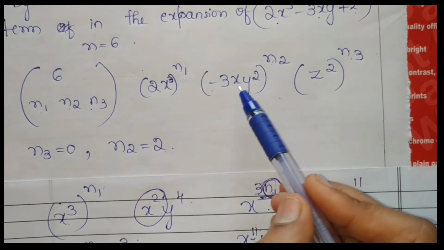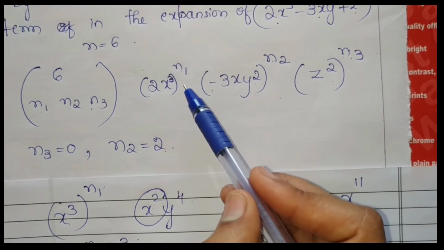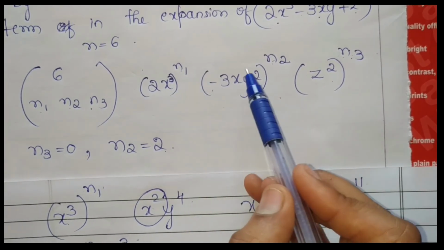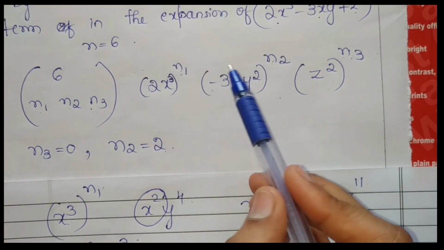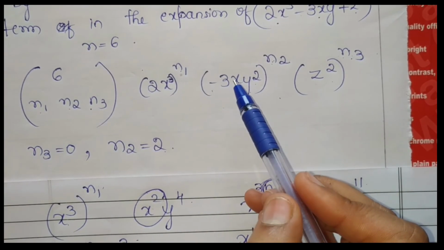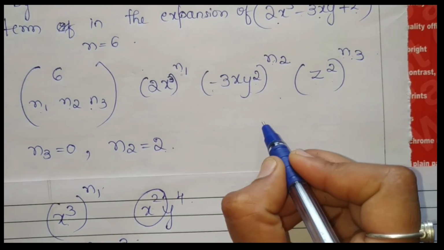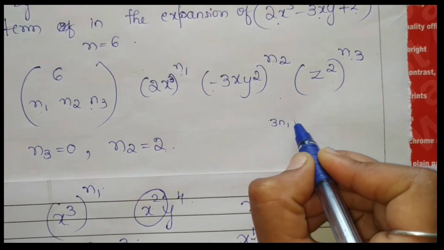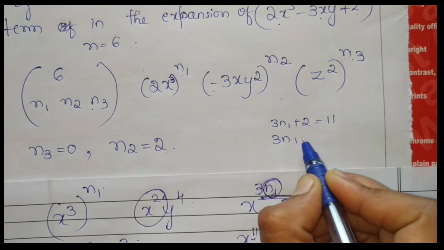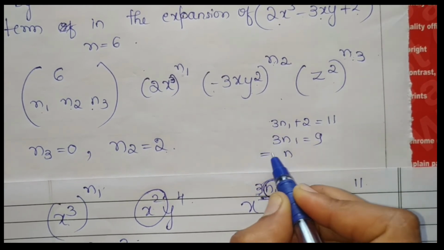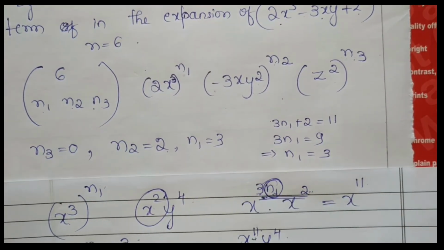Then what do I need? x raised to something so that when the two powers are added, 11 should come. Okay, so 3n1 plus this 2 is equal to 11, means solve for n1. So it becomes just an equation for you. 3n1 plus 2 is equal to what? 11. So 3n1 is equal to 9. That means n1 is equal to 3. So put n1 is equal to 3.